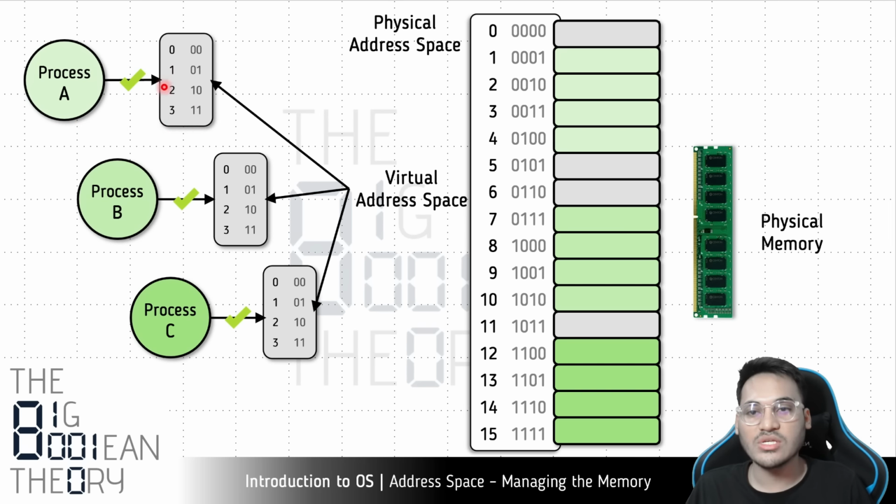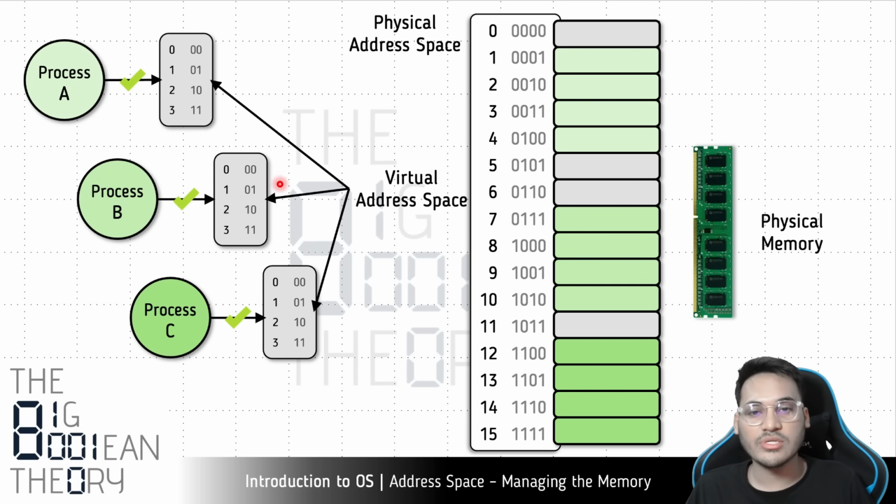This is the address space for process A, this is for process B, and this is for process C. These are the only addresses that the processes will be able to access. So process A can only access these four addresses. It won't be able to access the physical address space. Similarly, process B will be able to access these four addresses, and the same is the case for process C.